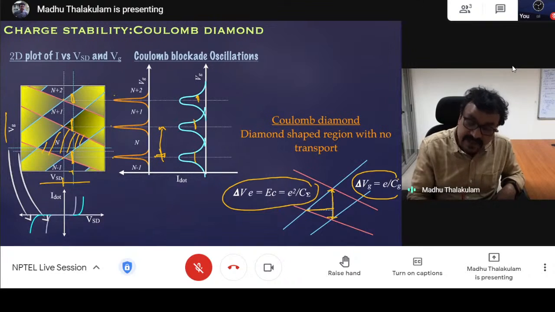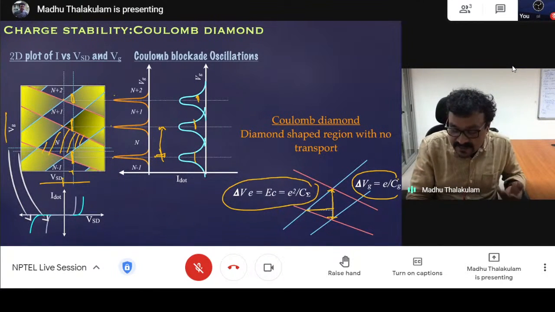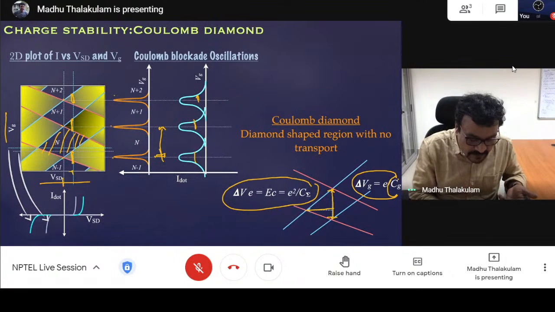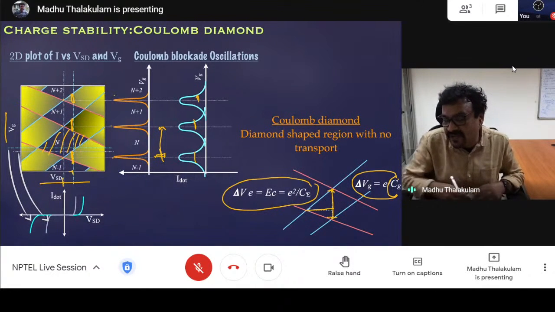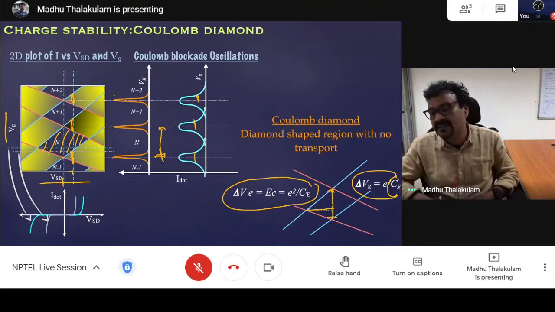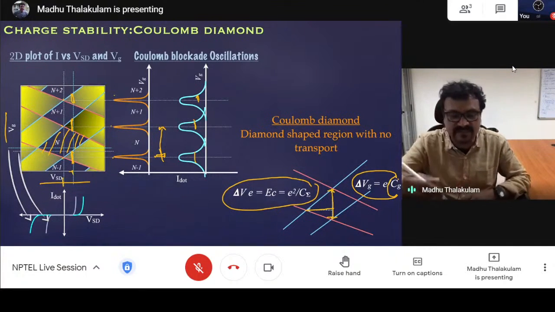So that period, delta Vg, the voltage window, is going to give you the gate capacitance, and this source-drain bias voltage window is going to give you the total capacitance. Total capacitance is directly related to the size of the dot, and if you have multiple gates, you can get the capacitance of all these gates.